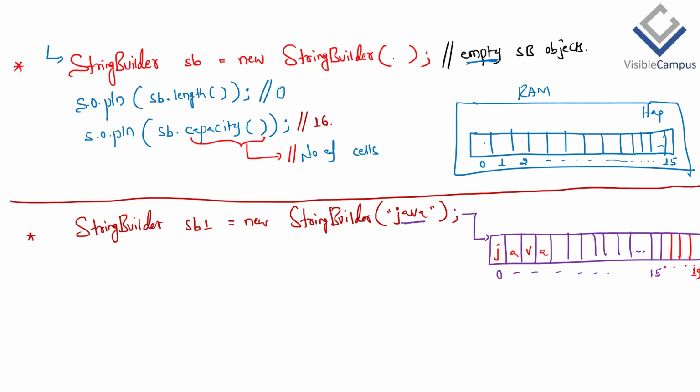This is an important point. When we create only an empty one, 16 cells will be created. But at the time of declaration, if you are giving some value, then along with this default capacity, those extra cells also will be added, and this value will be stored from the first index position onwards. Did you understand my point clearly?